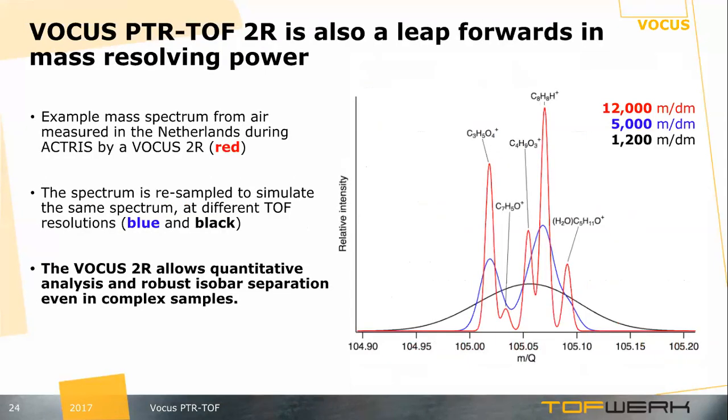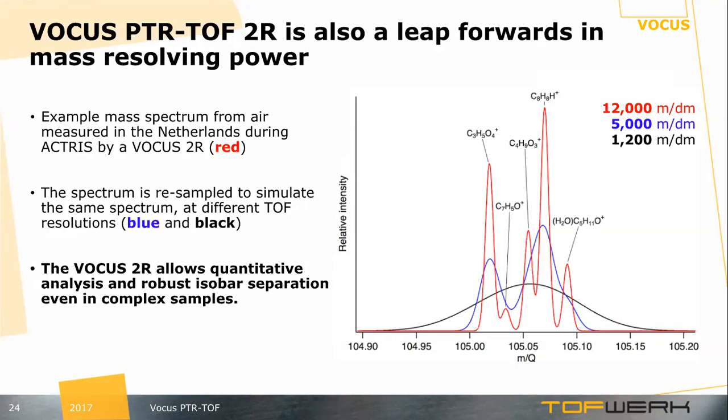As I mentioned before, the Vocus 2R, the highest resolution instrument we have, is a big jump forwards in resolution, which means that you can resolve and quantify things more robustly. On the right, I'm showing you part of a mass spectrum from the Netherlands during the ACTRIS intercomparison campaign.